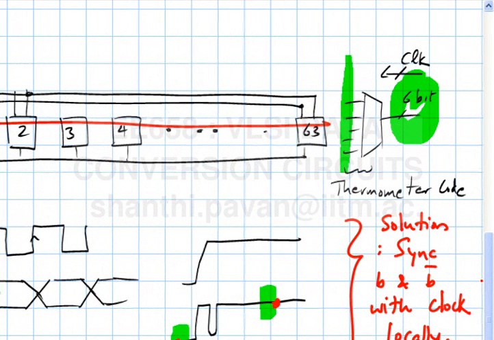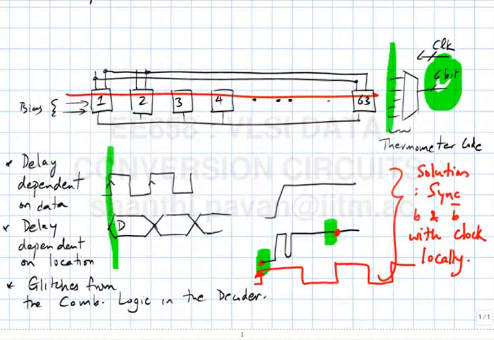So one thing to do is definitely say, okay, I don't want to have this clock and all this other stuff. What I'm going to do is design the combinational logic in the decoder so carefully that glitches don't happen. But even if you do that, you will never be able to ensure that the transitions are all aligned. And the delays will all be dependent on the previous state of the combinational logic as well as the next state, correct?